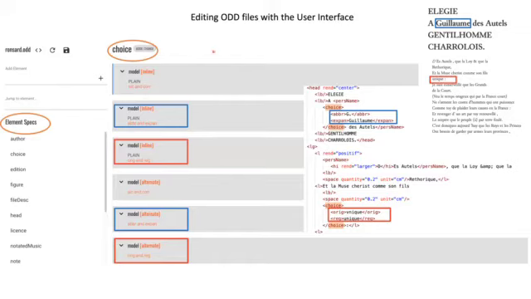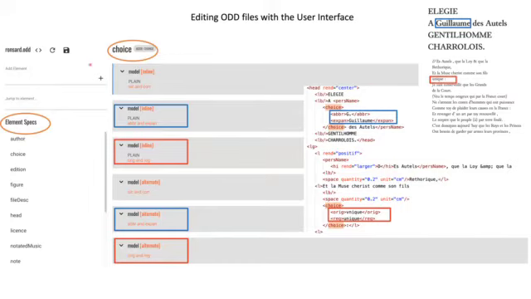So one of the great things that TEI Publisher gives us is a user interface for changing how some of these things are actually represented in the final form, because otherwise it can be quite a complex process. You need to understand some of the deeper technicalities of the XML itself.